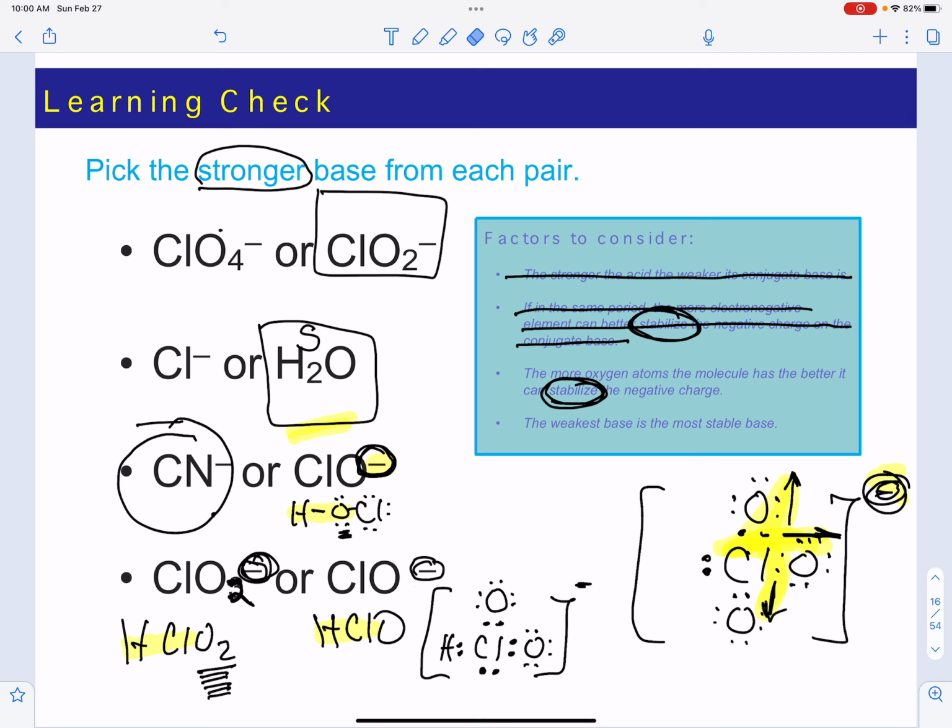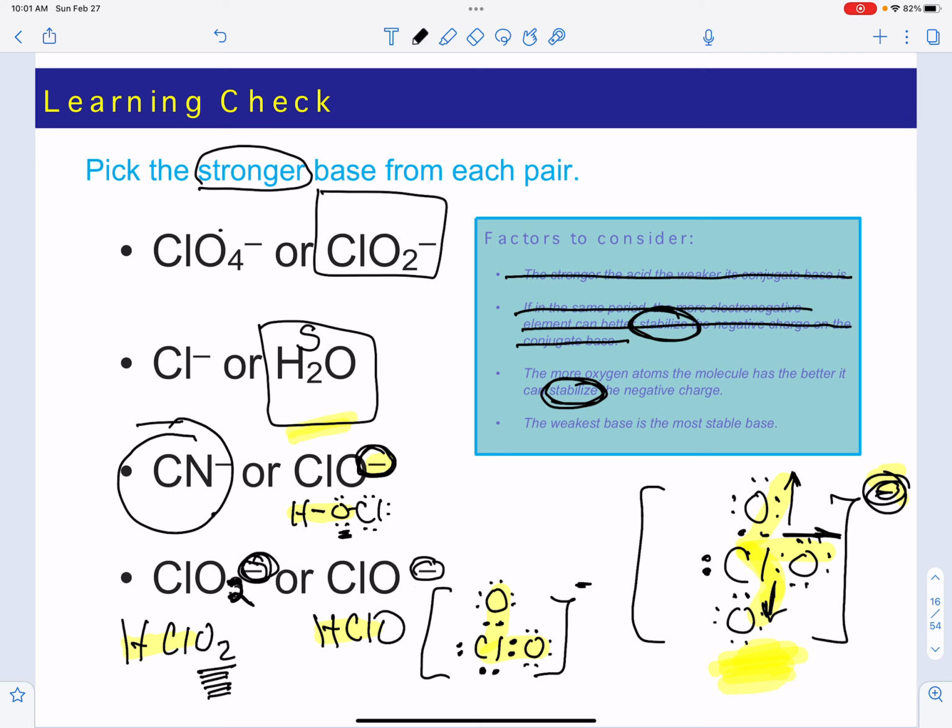The negative charge is being stabilized by the electronegativity of those 3 oxygens. On this one, we have the same type of stabilization, but only toward 2 areas of the molecule. So this one definitely stabilizes the molecule better, therefore it is the weaker base.